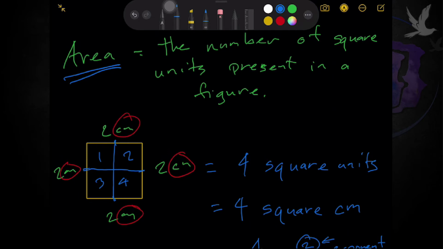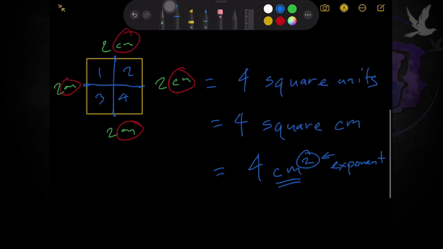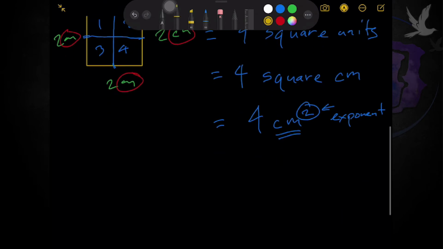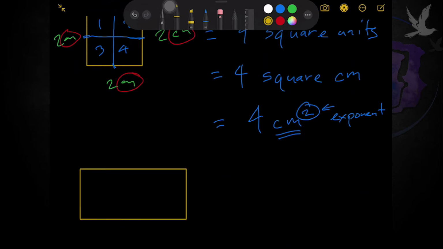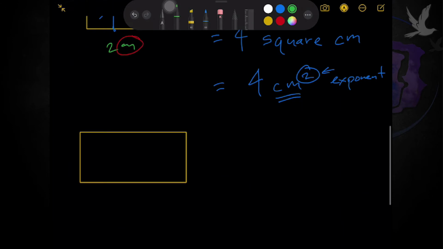Pero of course, this is just an illustration to show you what is, or basically what is an area. Kasi there is a way to solve it mathematically, and it is actually very easy. Ang sa akin lang is I'm just showing you the process or understanding what area is. Okay, so let's say this is equivalent to, let's say, 4 centimeters and this is 2 centimeters.